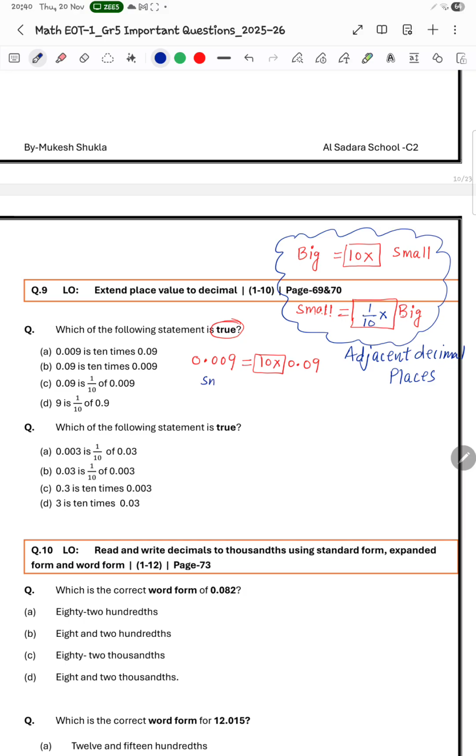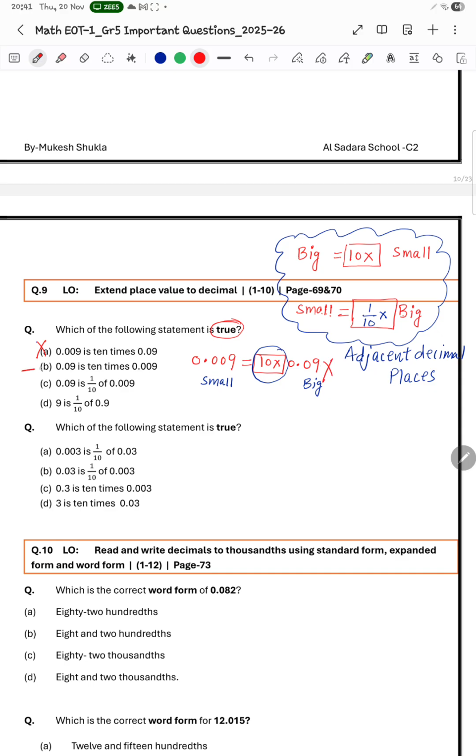This number is small and this number is big, because thousandths place is smaller than hundredths place. So small to big, it has to be 1 over 10. But here they have given 10 times, which is not true according to my rule. So this option A is wrong, because this is not correct according to my rule.